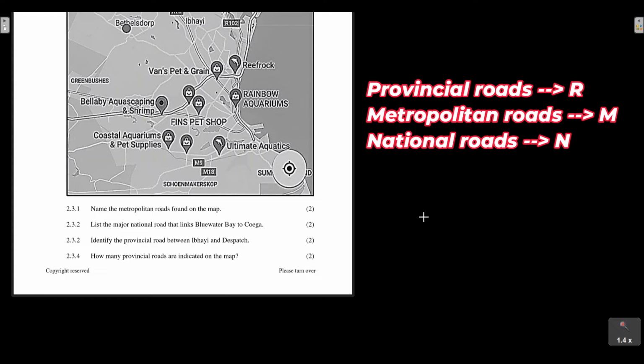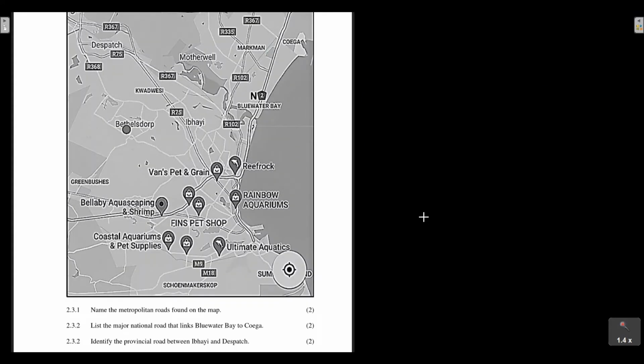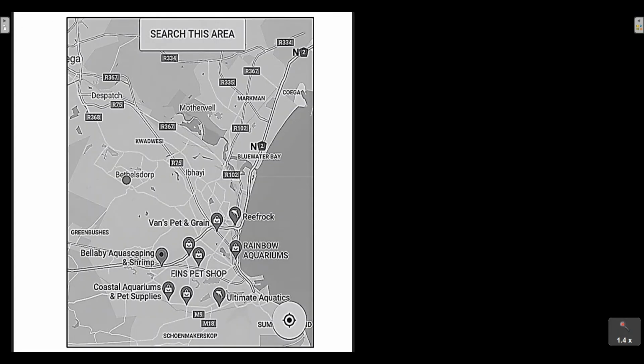National roads are symbolized with an N, metropolitan roads are symbolized with an M, and provincial roads are symbolized with an R. So here we want to name the metropolitan roads found on this map, so we want to look for the roads that have the M. We're going to skim through our map and try to identify all the roads that have an M.